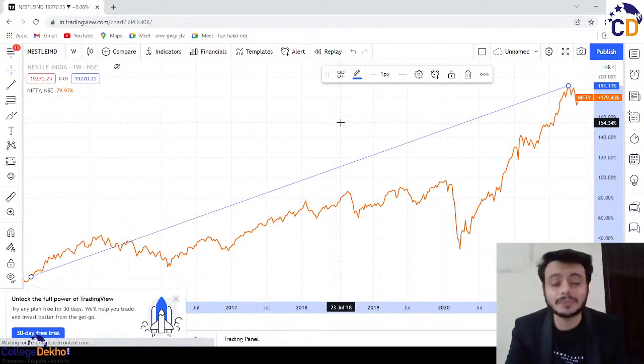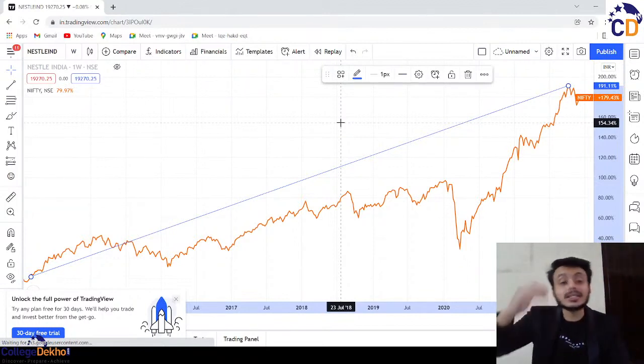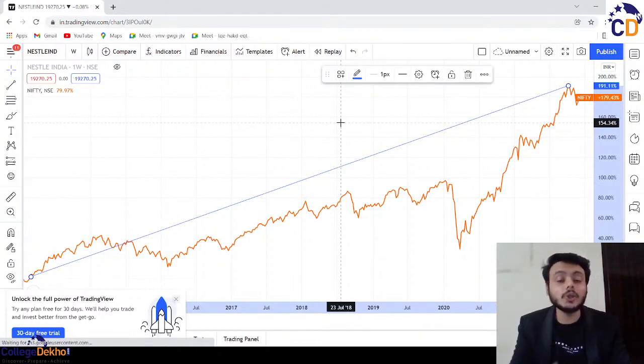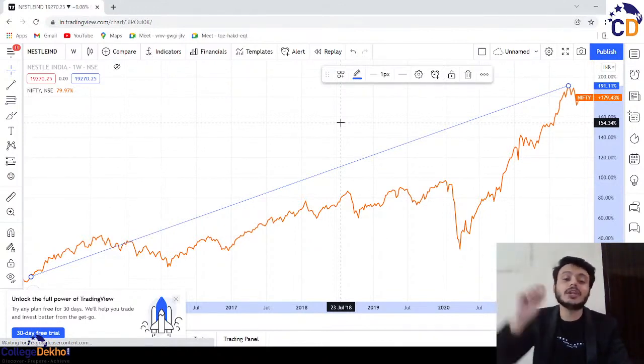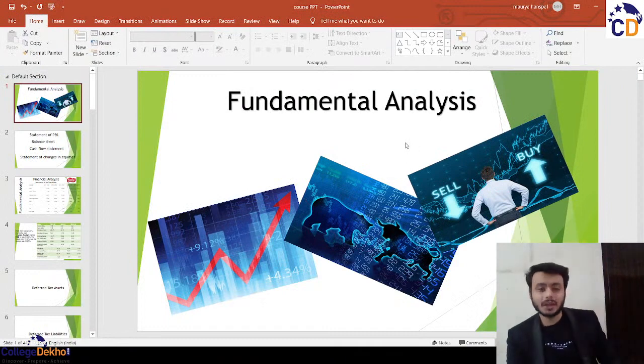But make note of one thing. Investing in a company without noticing how strong the company is, or whether the company really has a sustainable future, will not give you returns. If you are not taking these factors into consideration, then that concept of investing will not give you returns. And there the concept of fundamental analysis comes into place.